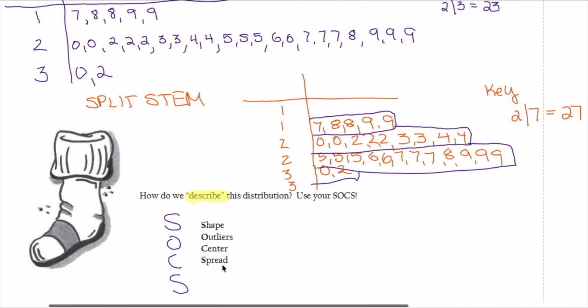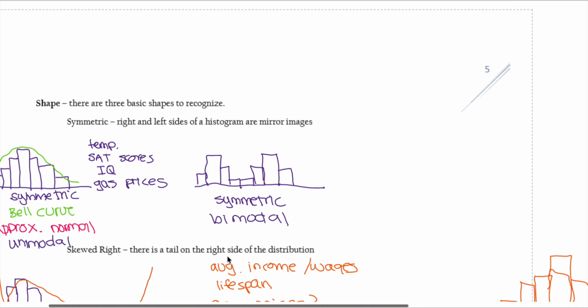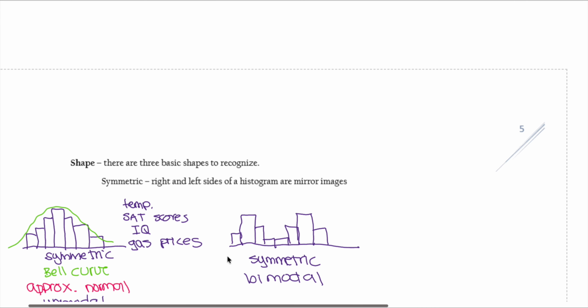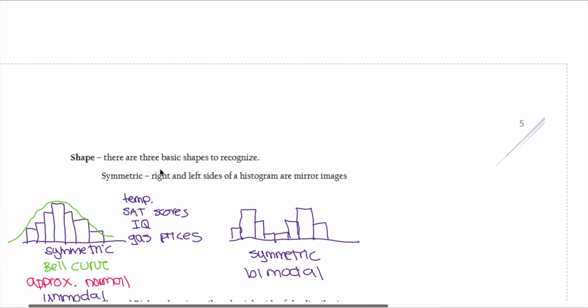And the spread is basically the standard deviation, but sometimes it can also be the range, where range is the maximum minus the minimum. I'll go deeper pretty soon. Okay, so let's first talk about the shape.